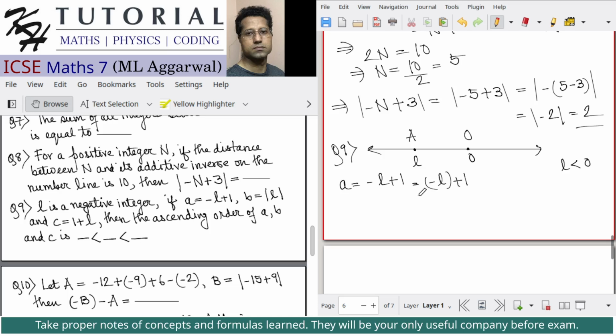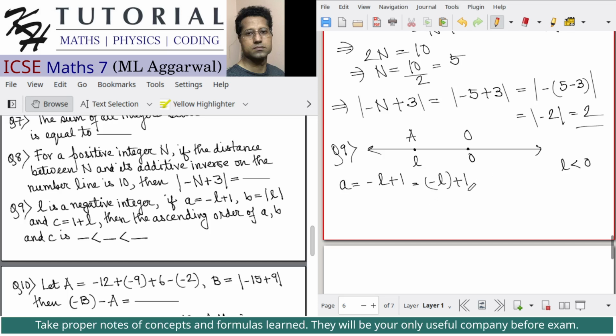Okay, so a is minus of L plus 1. Now, where will a be on the number line?